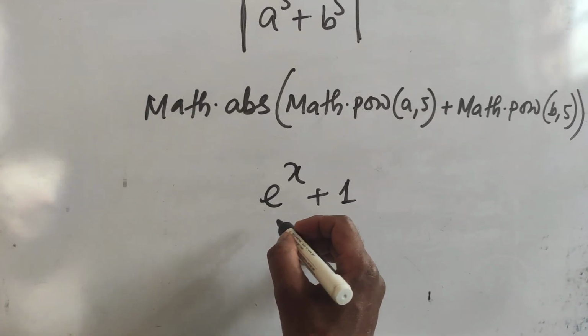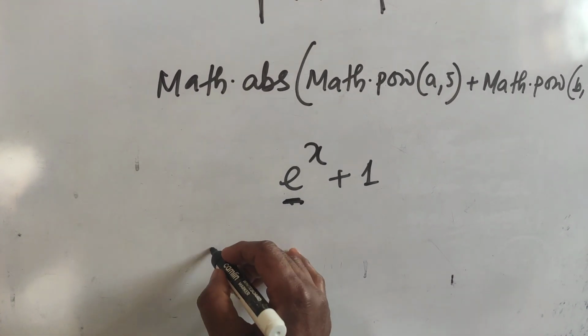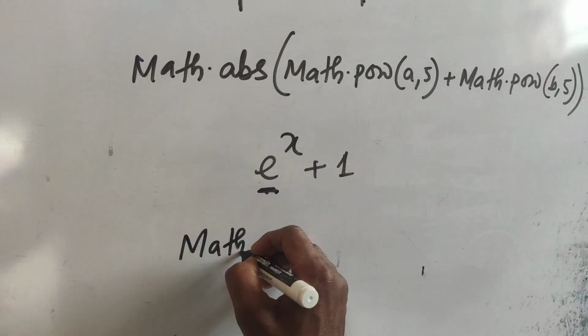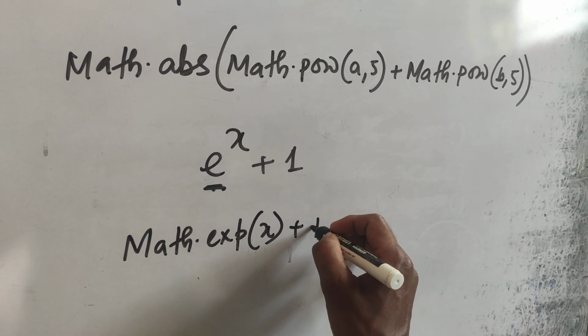Sometimes in the Java language you can see e to the power x plus 1. When you see a small e, in that case it is not a power, so you need to write math.exp of x plus 1.